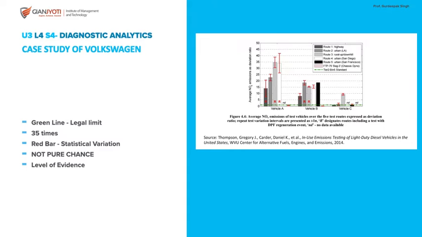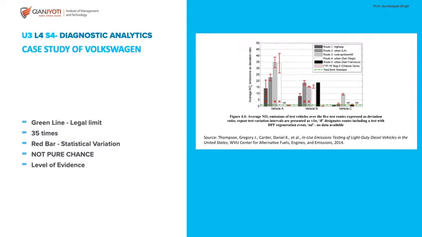If you look at this graph, the green line was the permissible limit, and they found that the average emissions were very high, right? The ratio of the deviations was very high, as this green line was the permissible level.